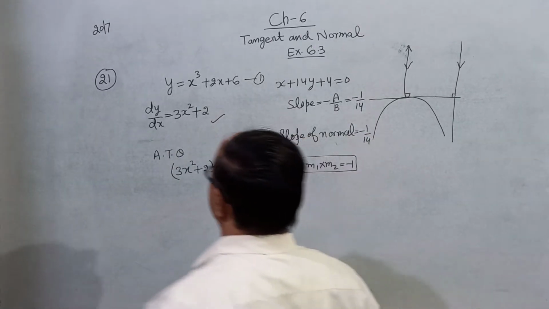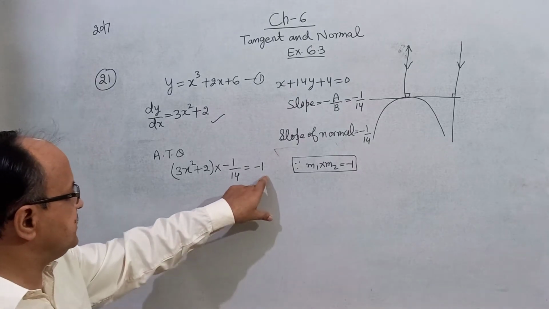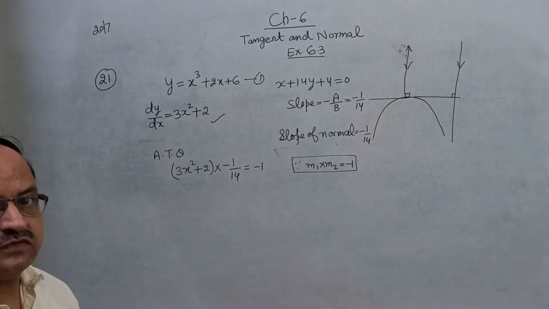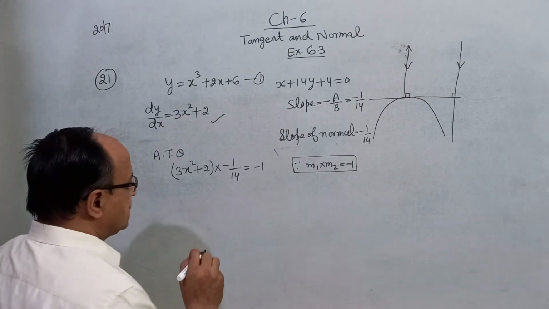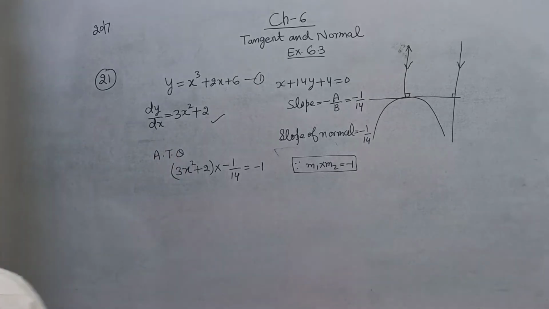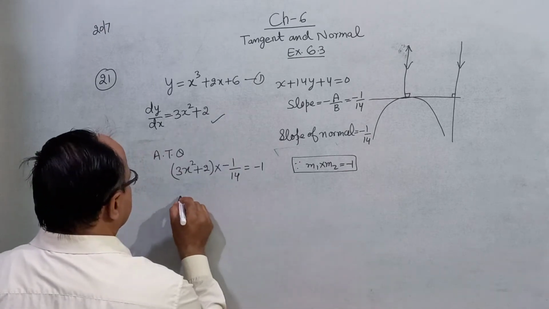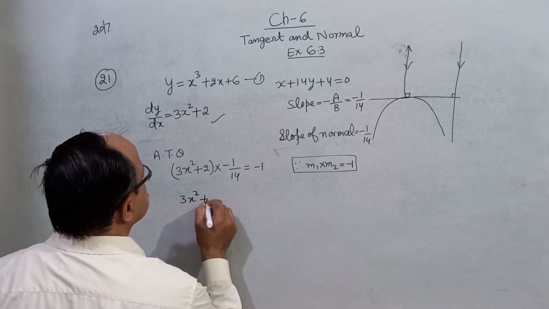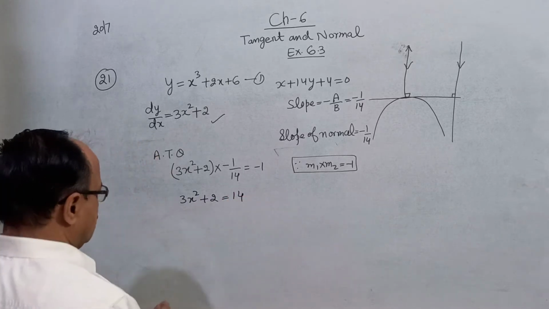Both are perpendicular each other. Therefore, the product of the slope is minus 1. So 3x square plus 2 is equal to 14. Correct?